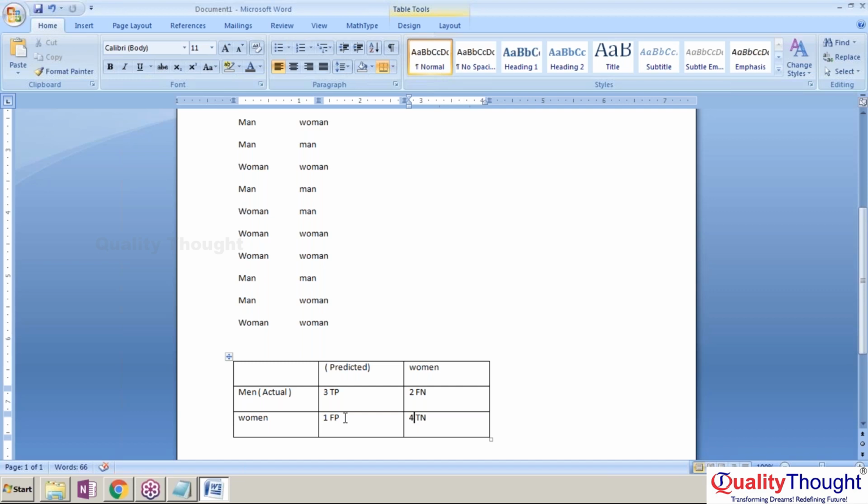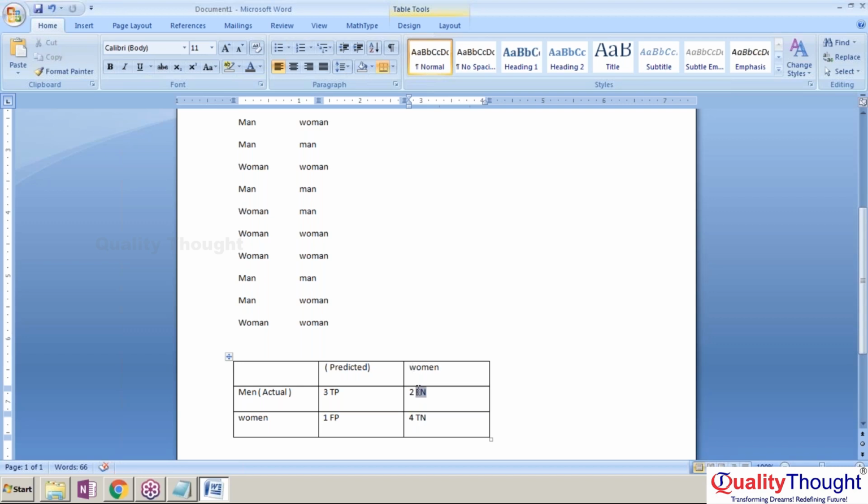Any confusion here, guys? Ashok, did you understand? See here, the false positive represents incorrectly predicted men values. True negative represents correctly predicted woman values.